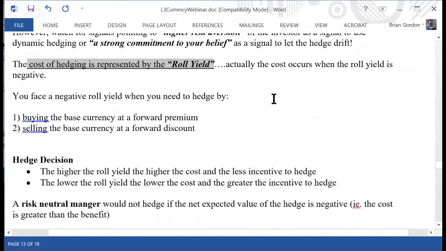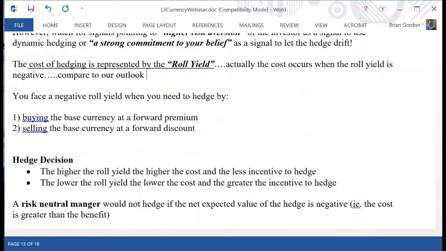Okay. So now, if you have an outlook on the currency and you want to hedge against that currency movement, we have to compare it against the cost. So I'll probably repeat this, but we're going to compare to our outlook for the currency.